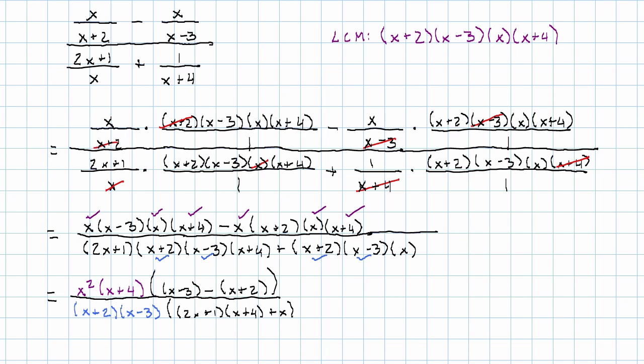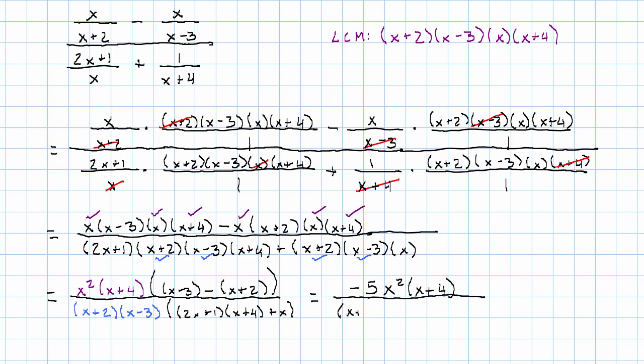And now this arithmetic that we still have to do should be looking familiar from the last time through. X minus 3 minus all of x plus 2, that's going to be negative 5. So our numerator will end up with negative 5 times x squared times x plus 4. This multiplication and addition in the denominator, that's the same thing that we did in the other method.